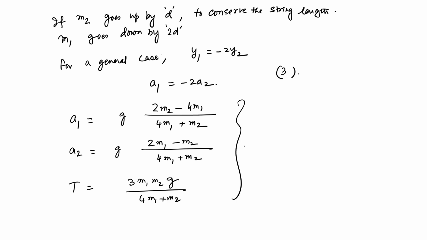These are the solutions of the problem. That is the solution for the Atwood machine, and when there are two such pulleys coupled like this, one can solve them there.